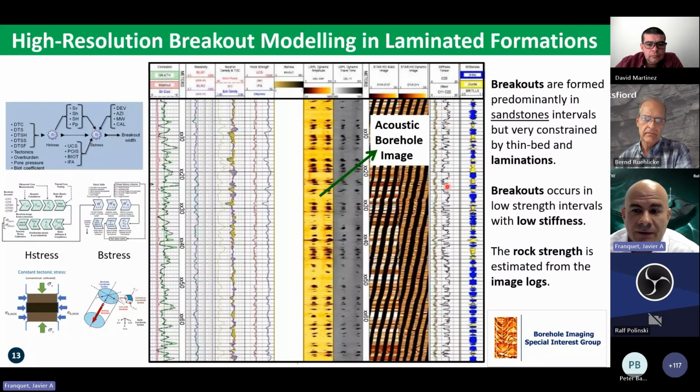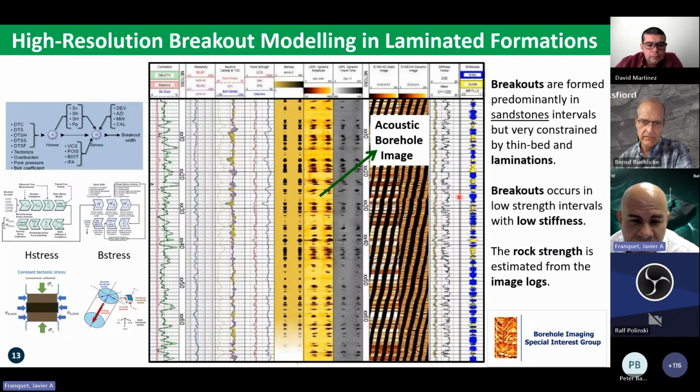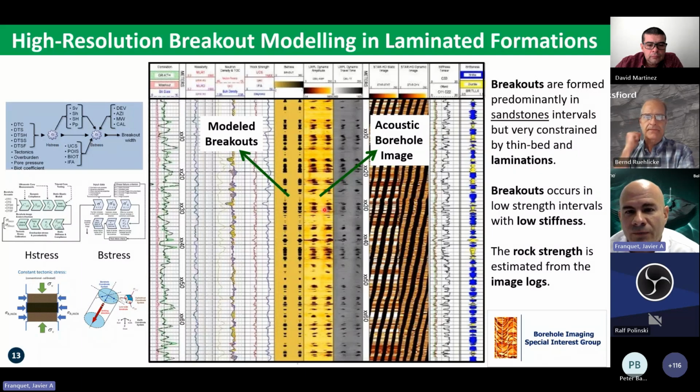With this high vertical resolution, we did the breakout modeling, and we come up with a stunning match. I haven't seen modeling so much in accordance to the evidence. So that gives you a very confident that the stress profile and the rock properties that you're using are very well in accordance to the evidence from the borehole images.